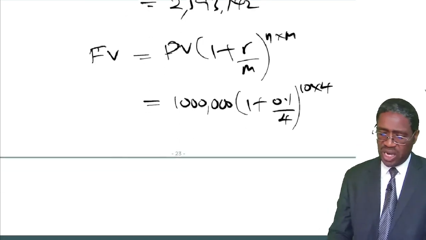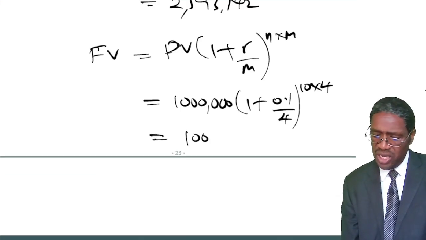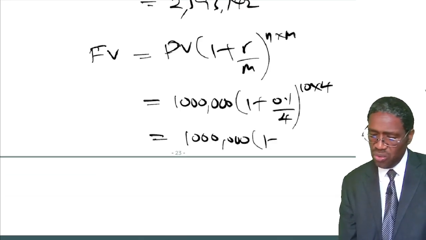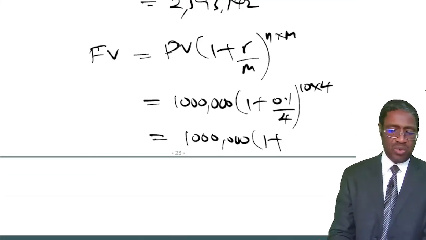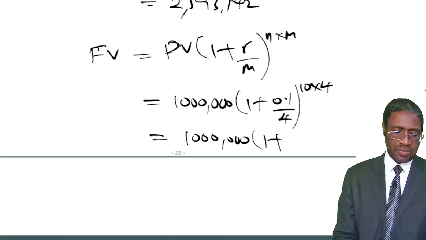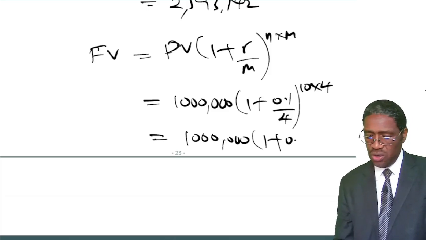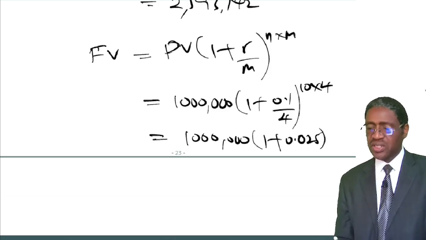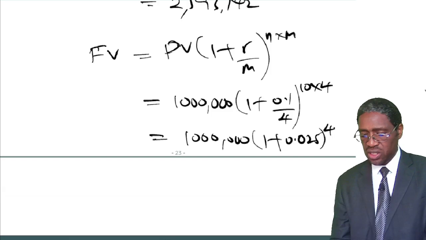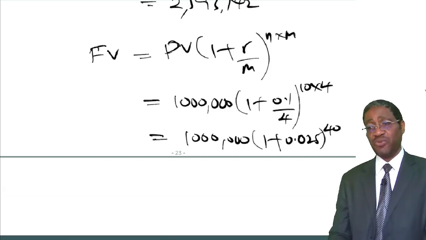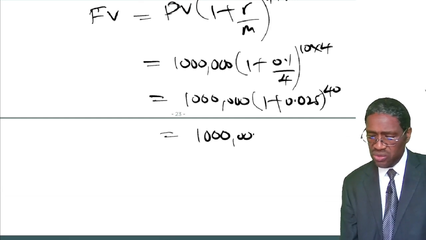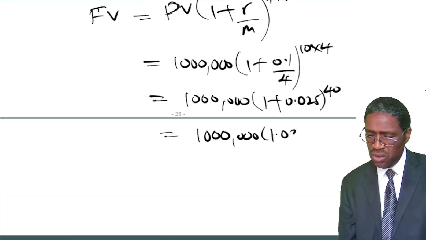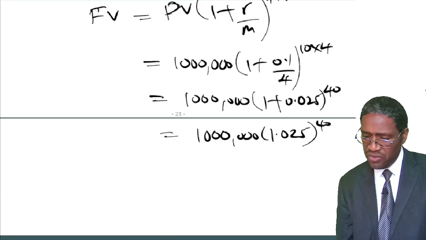So this will become 1 million into 1 plus 0.1 divided by 4, which is 0.025, then everything to the power of 40, since 10 times 4 is 40. So this will become 1 million into 1.025 to the power of 40.